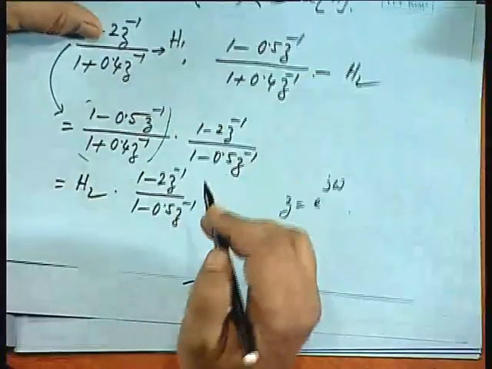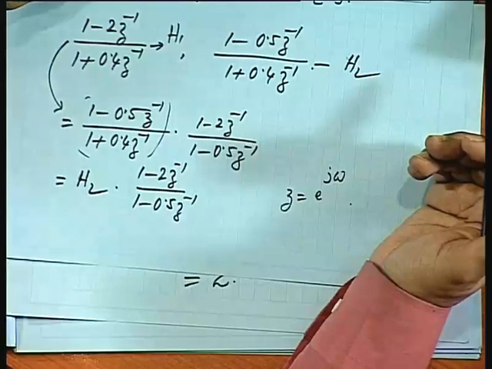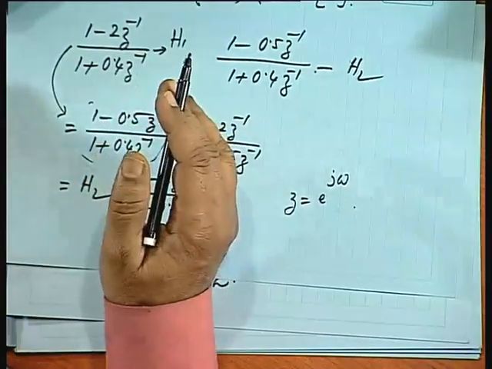So, the first function is nothing but the second function multiplied by a constant. So, far as the frequency response, the gain is concerned, when you see the gain plot, when it is normalized, then we can't identify which one is what, because both of them will have the same frequency response.